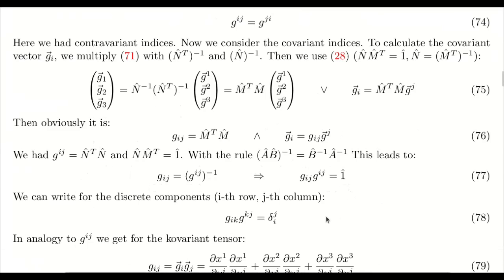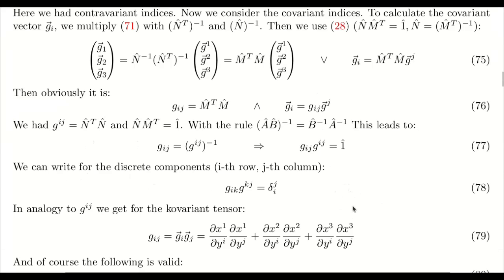So we must write for the element in the ith row and jth column this, with the counting index k. Then we would get a Kronecker delta because we have as a result the unit matrix.